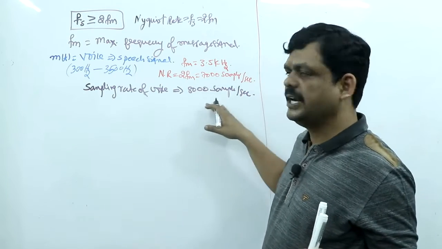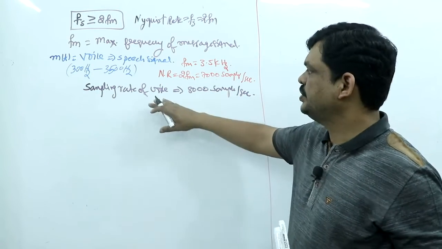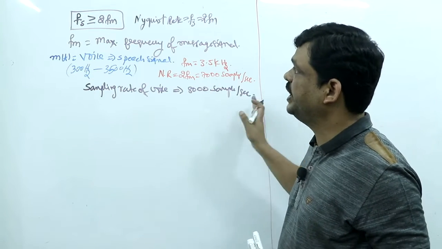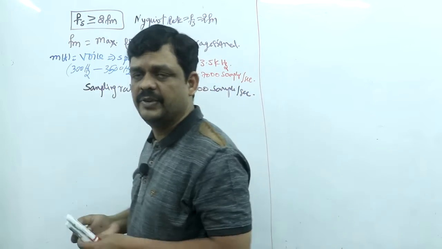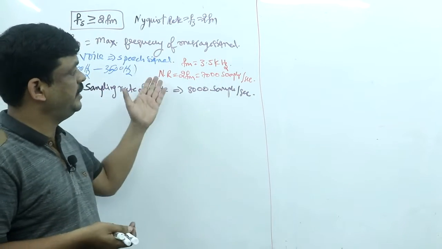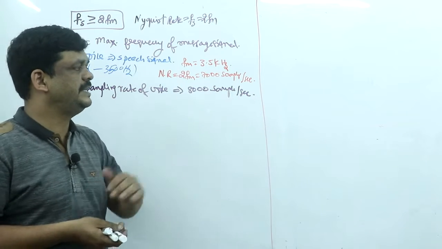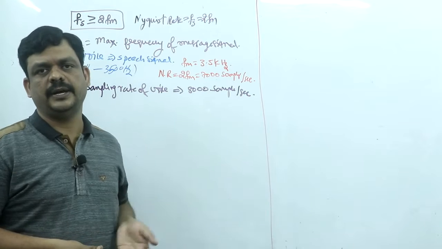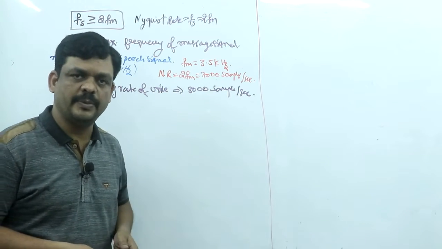The sampling rate of a voice signal is 8000 samples per second, defined from the Nyquist sampling theorem, and the Nyquist rate, the minimum sampling rate, is 7000 samples per second. Similarly, we can write other frequencies according to the given problem.